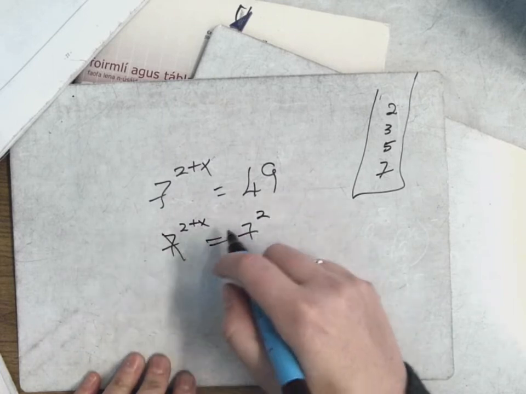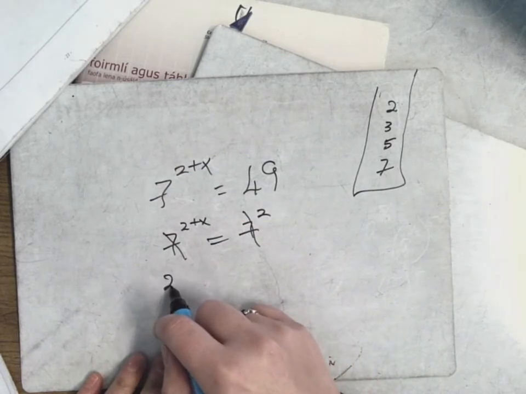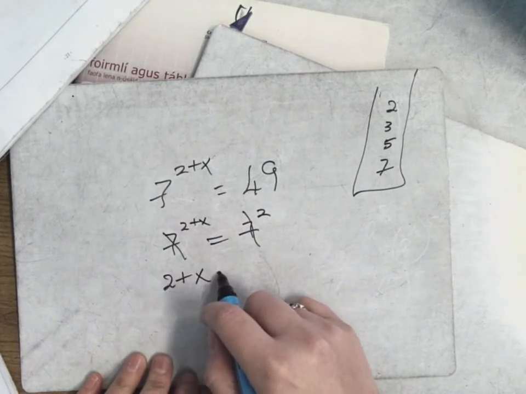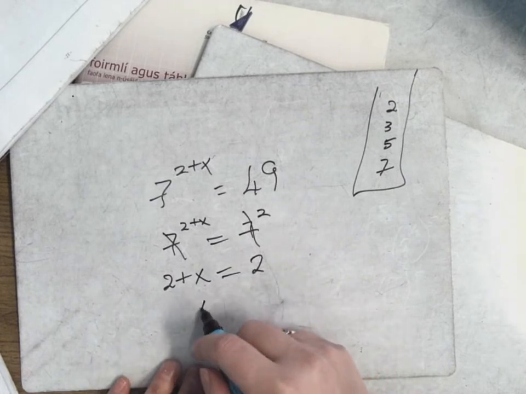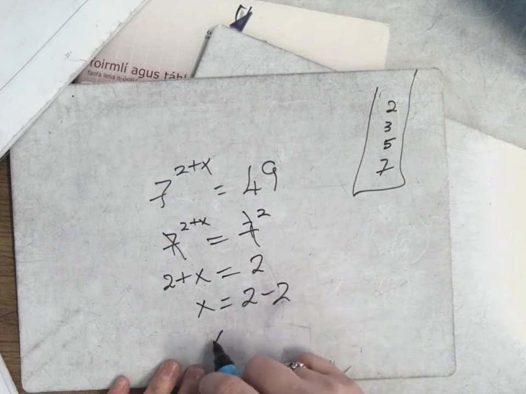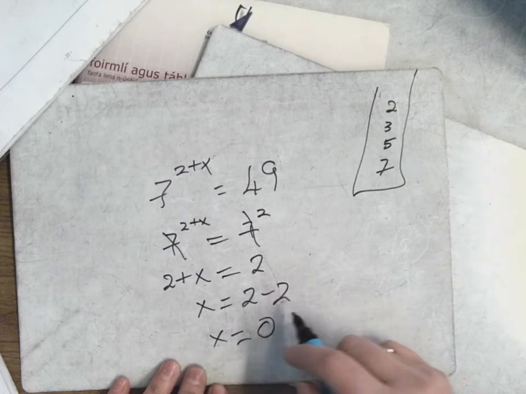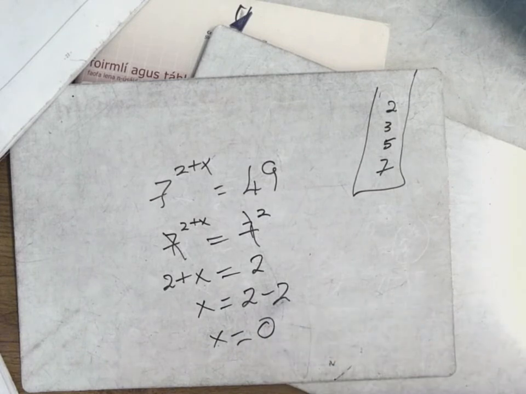Once you have 7 to the power of equals 7 to the power of, knock it off. So I get 2 plus x equals 2. x is on one side, numbers on the other. So x is equal to 2 minus 2. So x is equal to 0. Now it was slightly different in the exam, I don't know, but is that alright? But that's how you solve them.